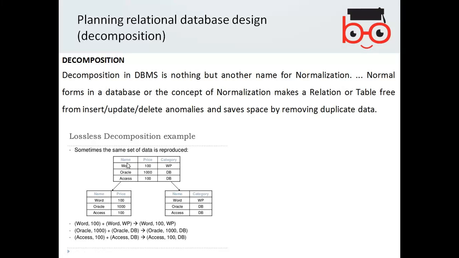You have split the prices and the categories separately. So categories like here DB is repeating over here. So you are trying to apply the first normal form, second normal form, and third normal form accordingly. So when you say that you want to decompose, it means you are applying the normalization rules that we discussed in the previous slide.